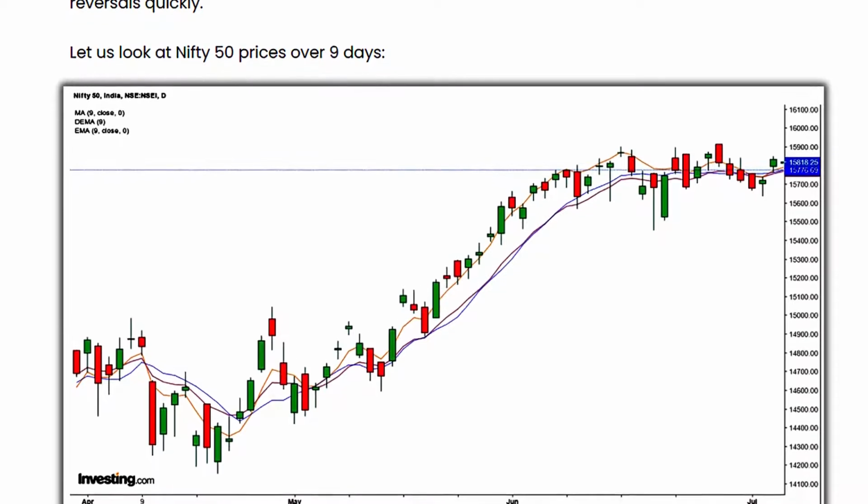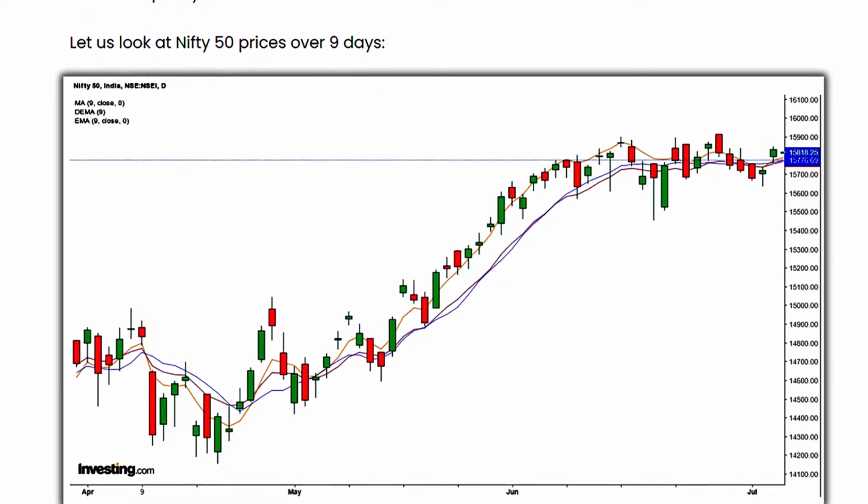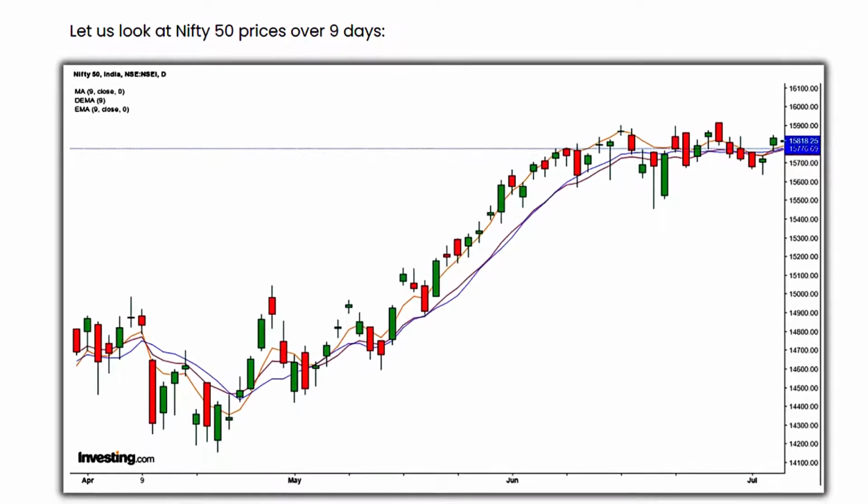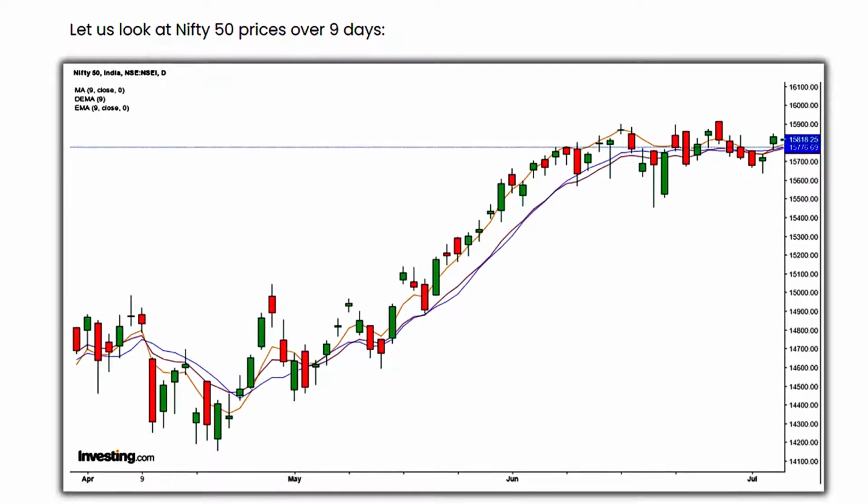From the above chart, we can say that the DEMA is closest to the price points and with the least deviations. Since the DEMA line mimics the stock prices most closely, it is, therefore, most sensitive to the stock volatility. Changes in volatility are good indicators for a trend reversal and hence, for stock trades.